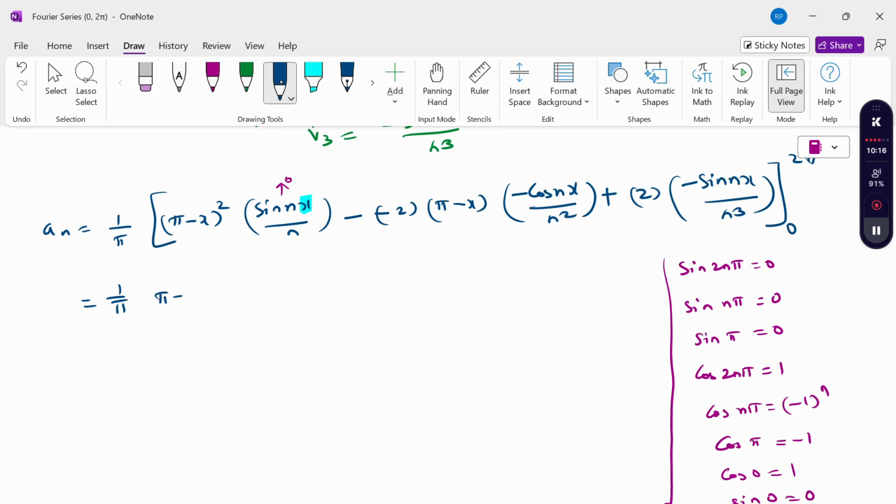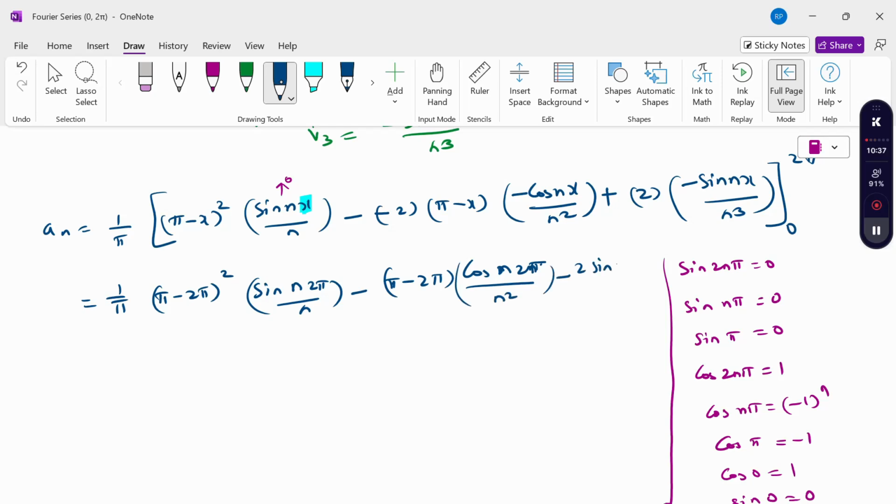So pi minus 2 pi square sin n 2 pi by n, and then plus minus pi minus 2 pi cos n 2 pi by n square, and then minus 2 sin n 2 pi by n cube.